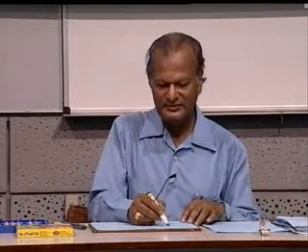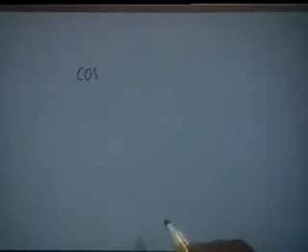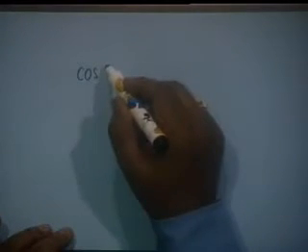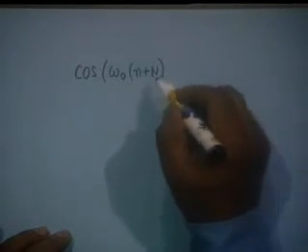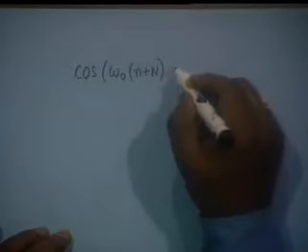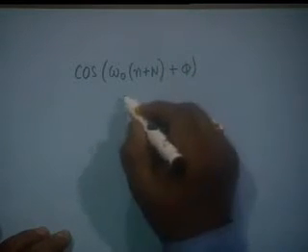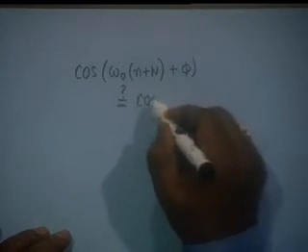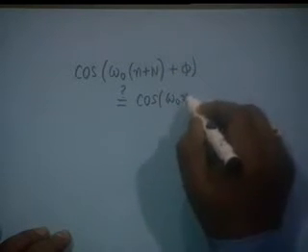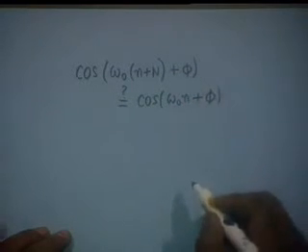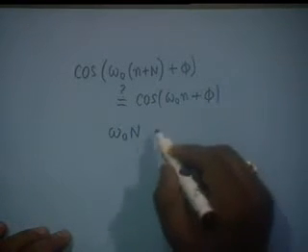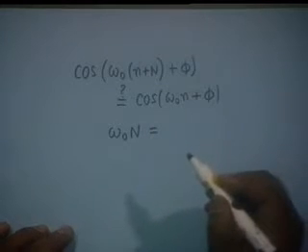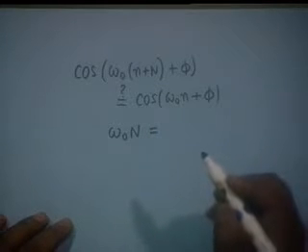We have cosine of, forget about A, it does not affect the periodicity or otherwise. Suppose you have cosine of omega 0 n plus phi. If cosine of omega 0 (n plus N) plus phi is to be equal to cosine of omega 0 n plus phi, then obviously omega 0 capital N must be equal to an integral multiple of twice pi.